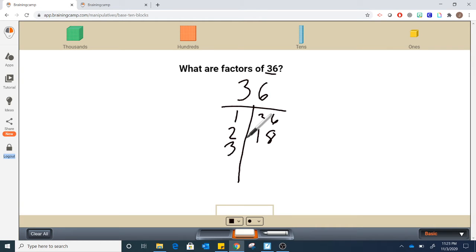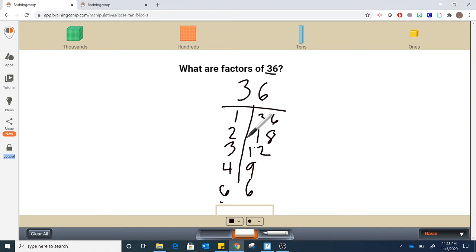3 is also a factor. 3 times 12, so 12 is a factor, is 36. 4 times 9 is 36. And 6 times 6 is 36. So 6 is a factor.